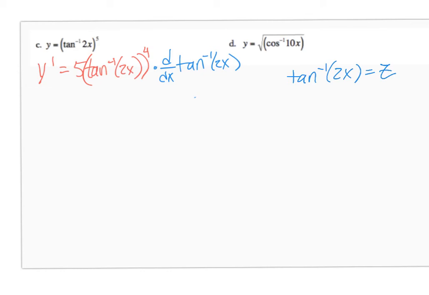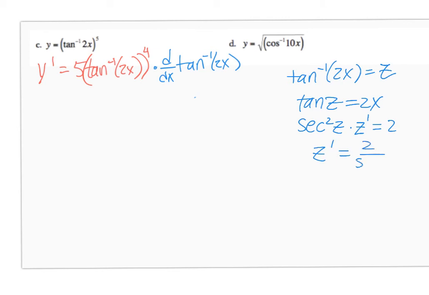I don't want to double variable that. So we've got tangent of z is equal to 2x. Taking the derivative, secant squared of z times z prime is equal to 2. z prime is going to be 2 over secant squared of z.